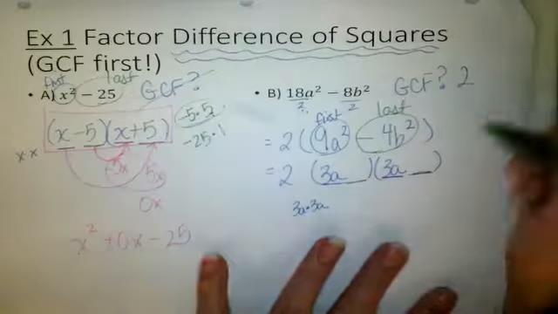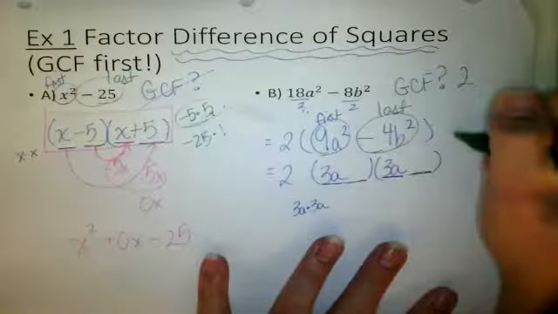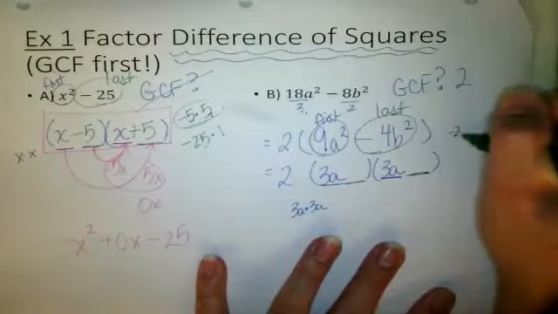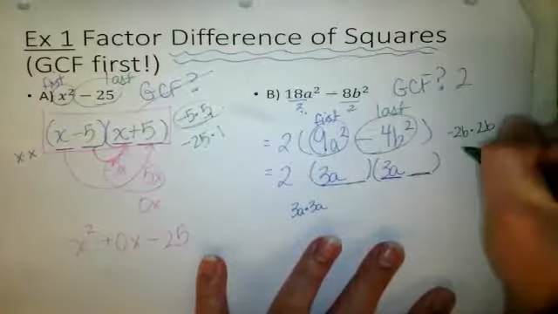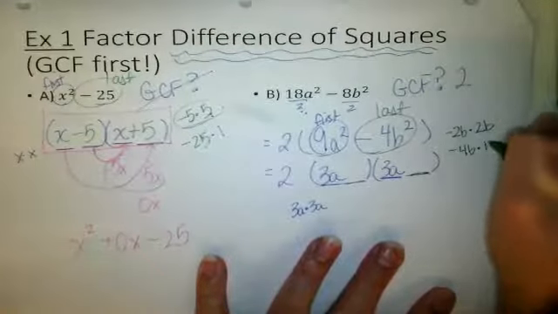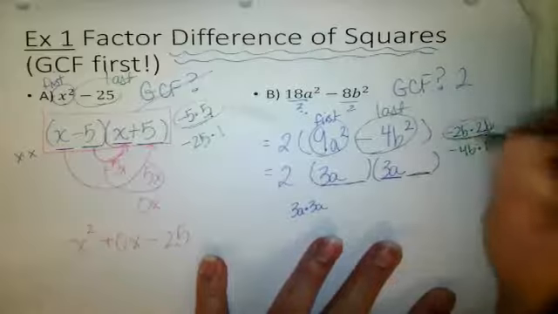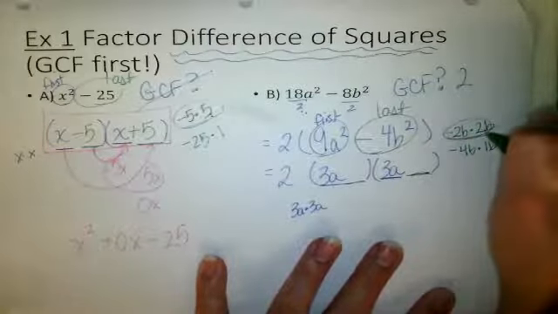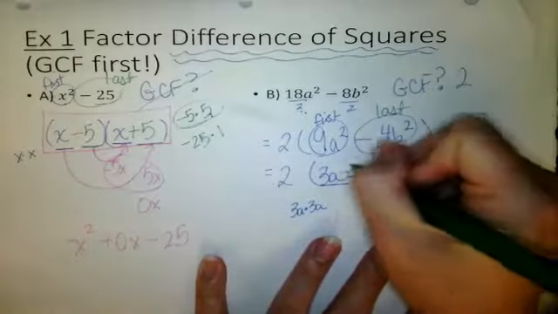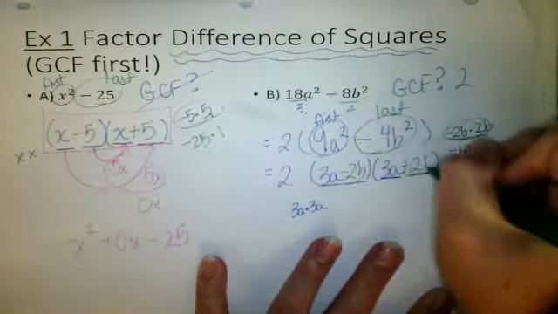What times what is negative 4b squared? Negative 2b times positive 2b, or vice versa. Is that the only option? No. Negative 4b times 1b also works, but again, if we have something that's a square, it's self-repeated, then that's what we're going to use. So negative 2b and positive 2b.